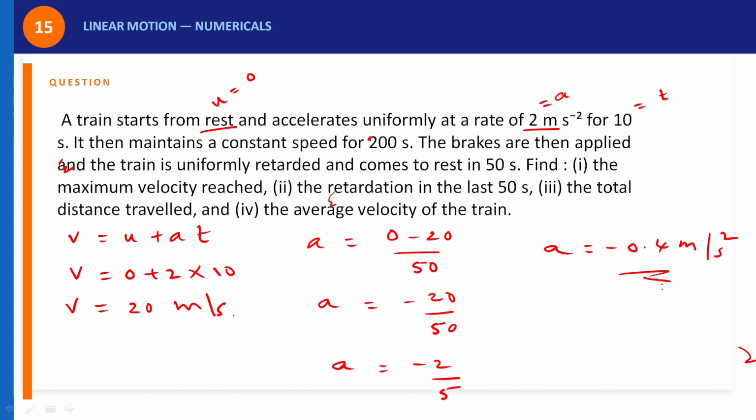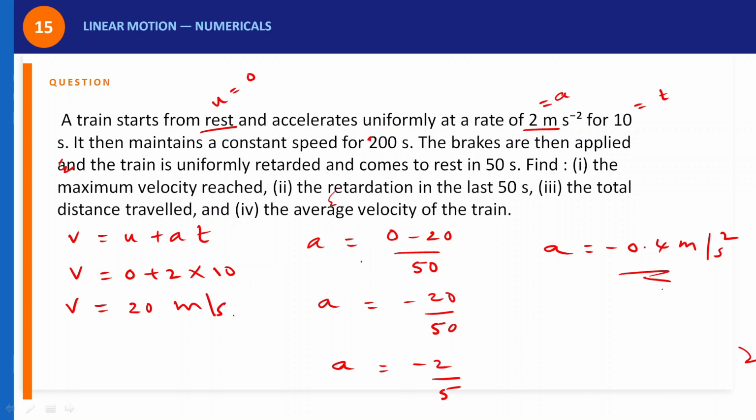Let's see. First, the body accelerated, then moved with uniform velocity, and finally retardation. There are three cases here: acceleration, uniform velocity, and the last is retardation.